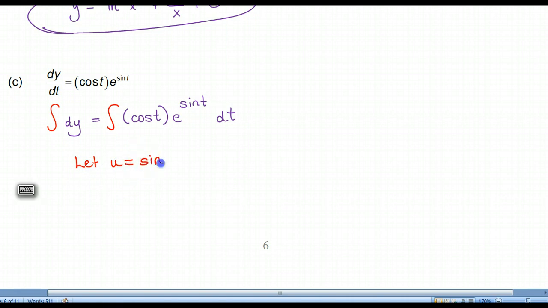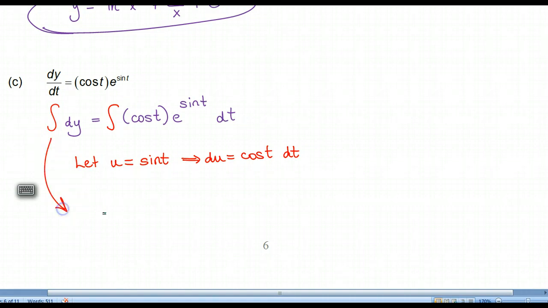So this means du is cosine t dt. And we have a cosine t and a dt, so that's going to be replaced with just du. Remember, du is the derivative of sine, so the derivative of sine is cosine dt.